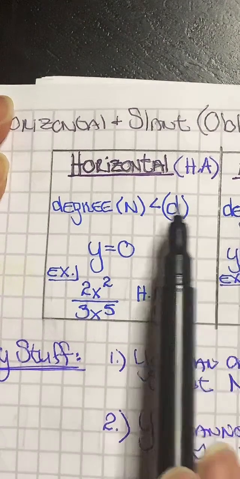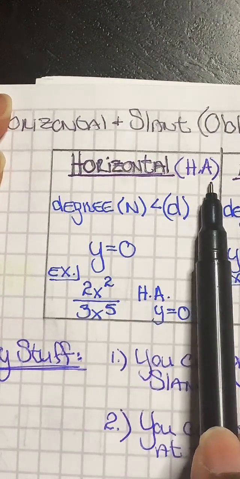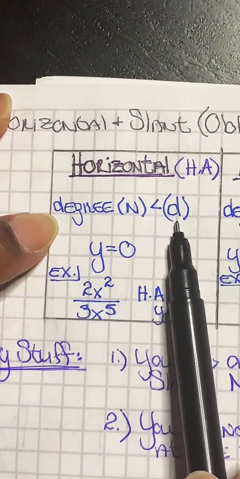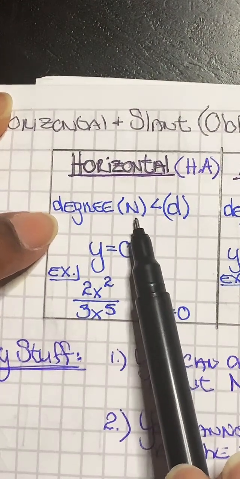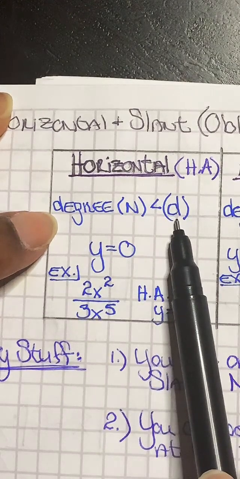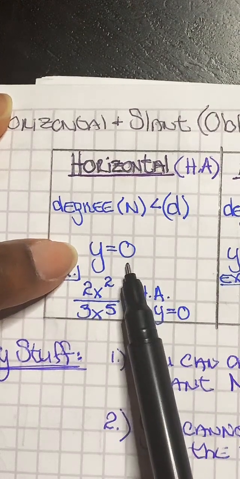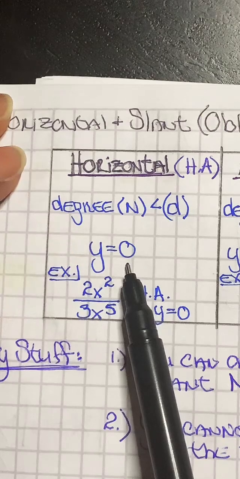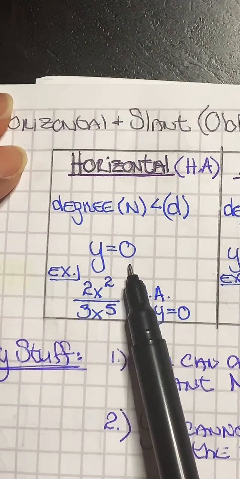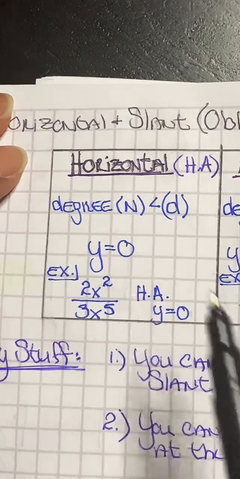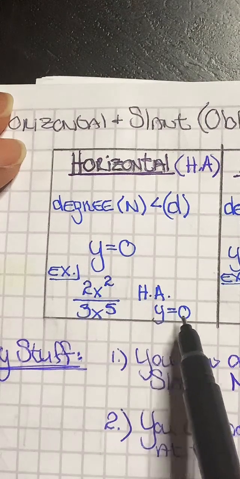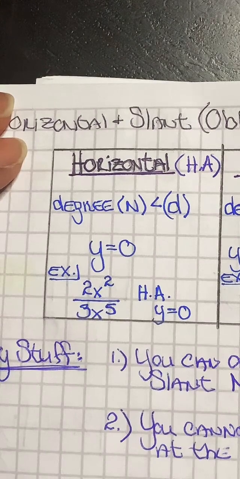All right, so horizontal asymptotes. If the degree n is the numerator, d means denominator. If your degree in the numerator is less than the degree in the denominator, your horizontal asymptote will always equal 0. So basically your x-axis is playing the horizontal game. If you graph it, it will get as close as it can to that x-axis, but it will never cross it.